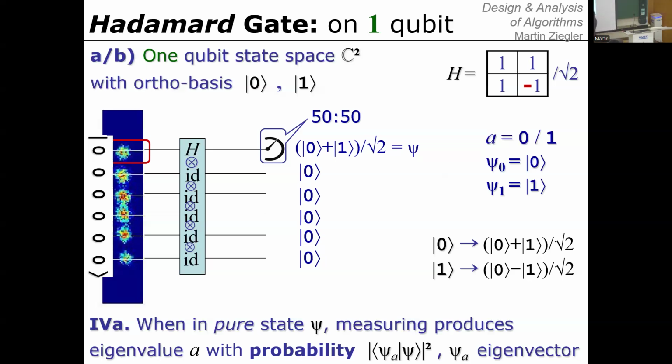Before we make the measurement, it's this superposition of 0 and 1. Schrödinger's cat is a superposition of dead and alive. After making the measurement, the state will have collapsed to either one of the two with 50-50% chance, and then it will be in the state 0 or in the state 1.